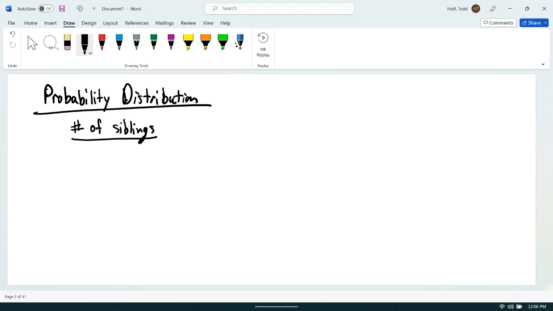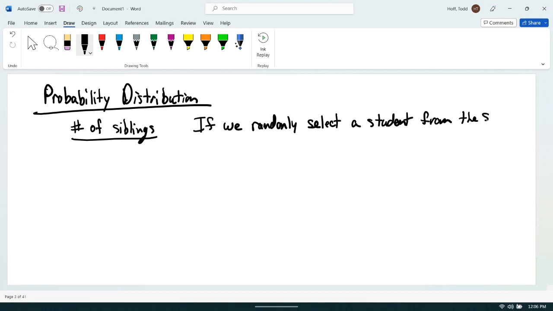And so what we're looking at here is if we randomly select a student from the school, the probability that student will have 0 siblings.